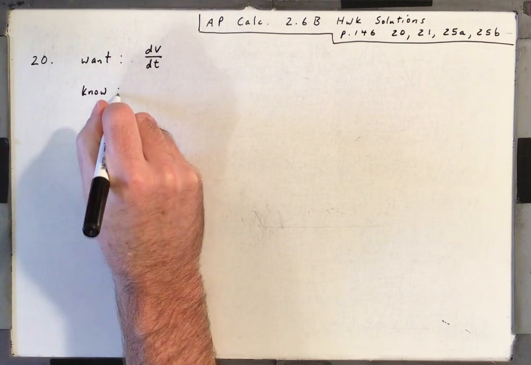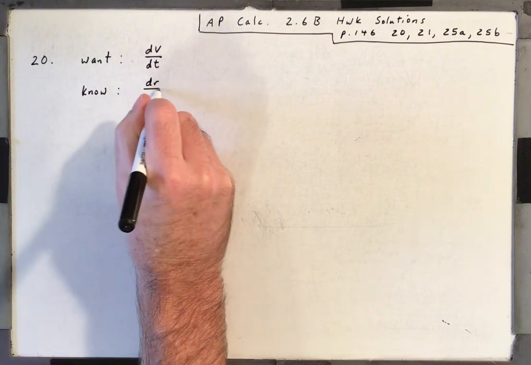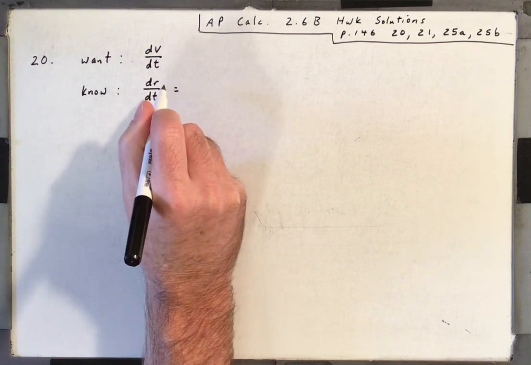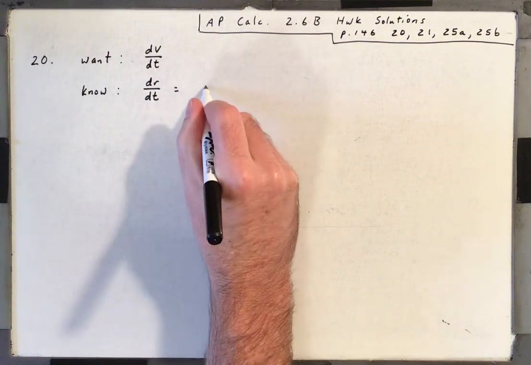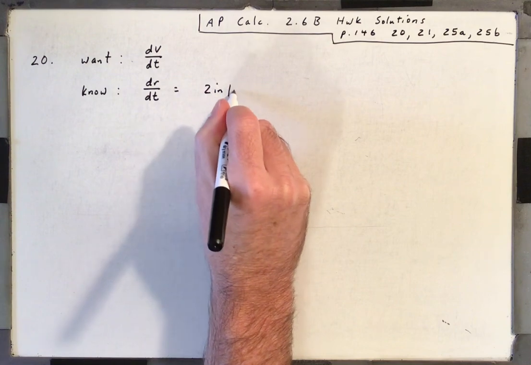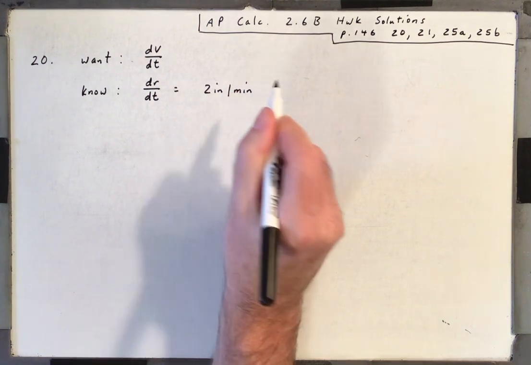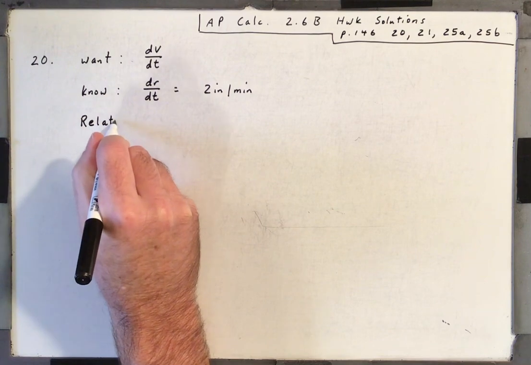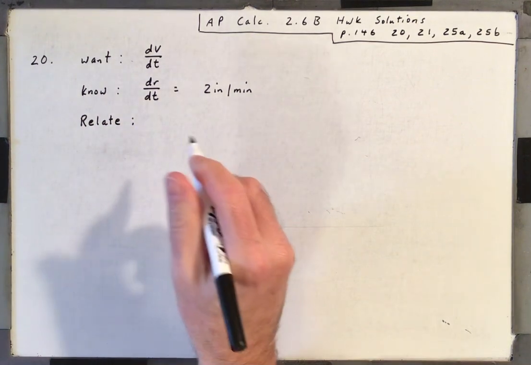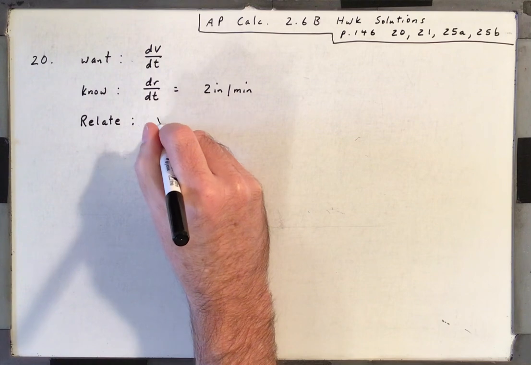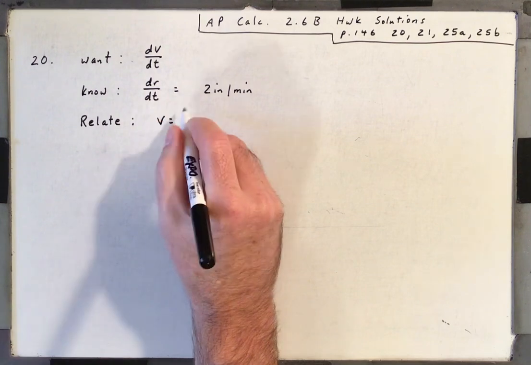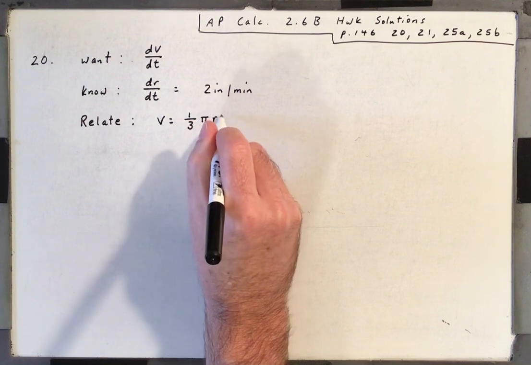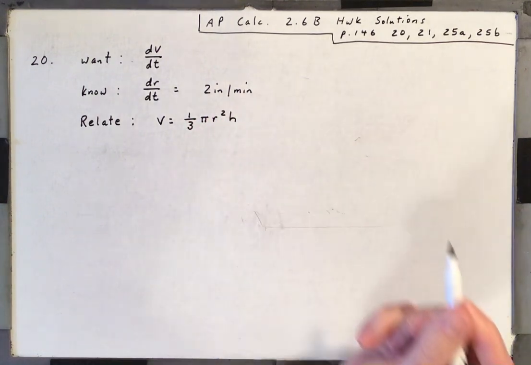What we know is the rate of change of radius, dr/dt, is equal to 2 inches per minute. Now we relate volume to radius with the volume formula of a cone, 1/3 pi r squared h.